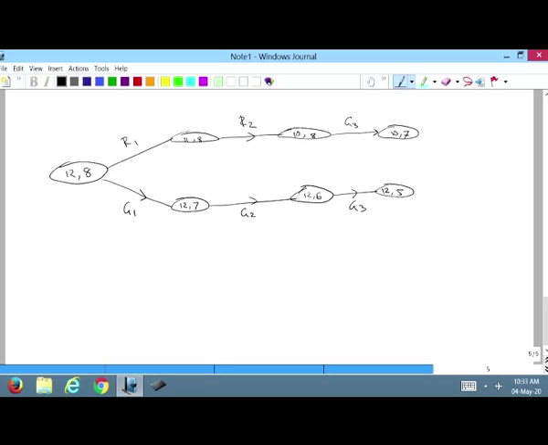So, what are the probabilities? This probability is 12 upon 20, drawing a red ball. Again drawing a red ball, that probability is 11 upon 19, and now drawing a green ball, that probability is 8 upon 18.